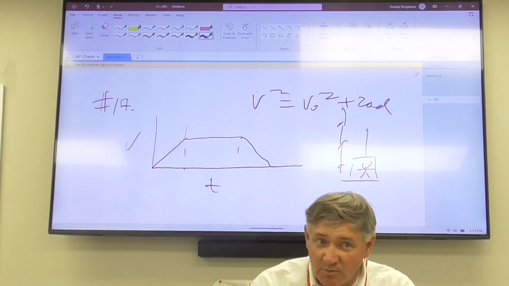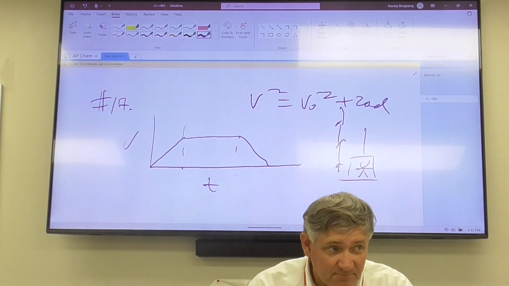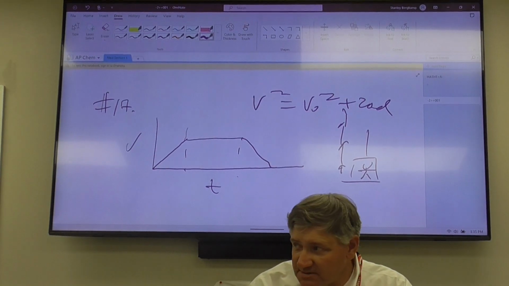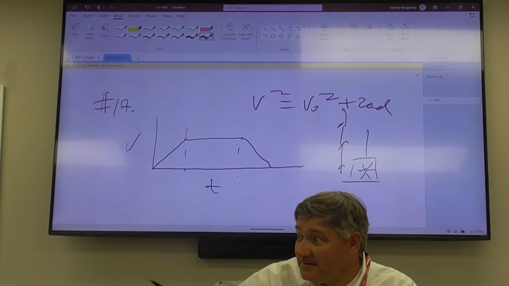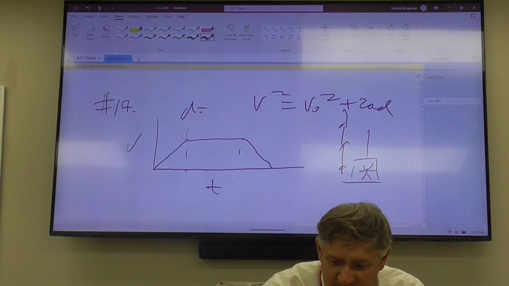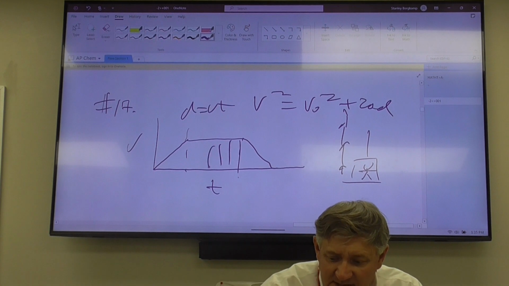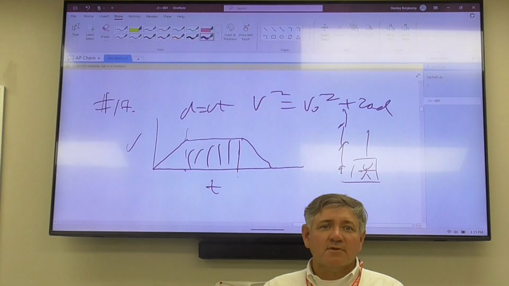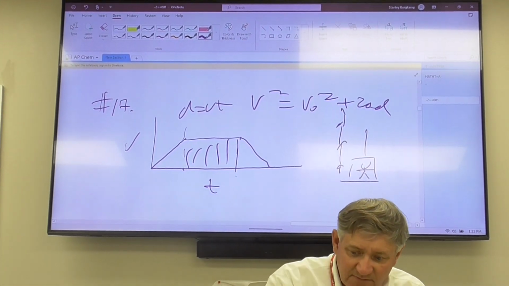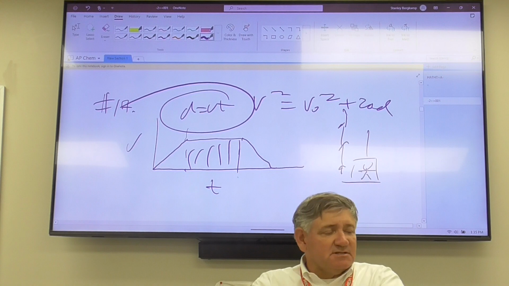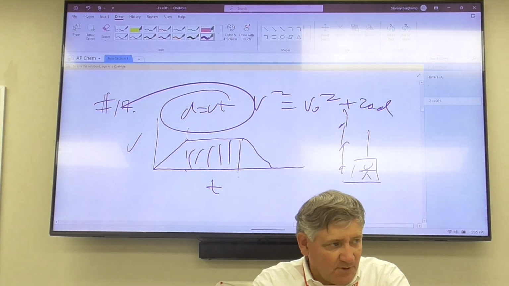You're only going to use it in one situation. You're at constant velocity. Distance equals velocity times time, because it's a rectangle, okay? So when you're moving at a constant velocity, you can use distance equals velocity times time, okay?